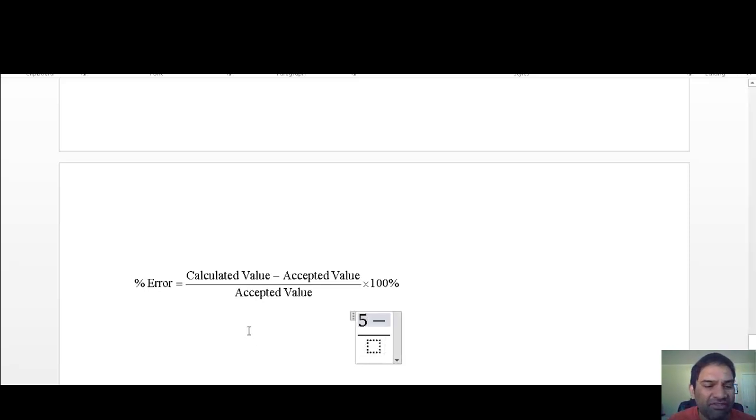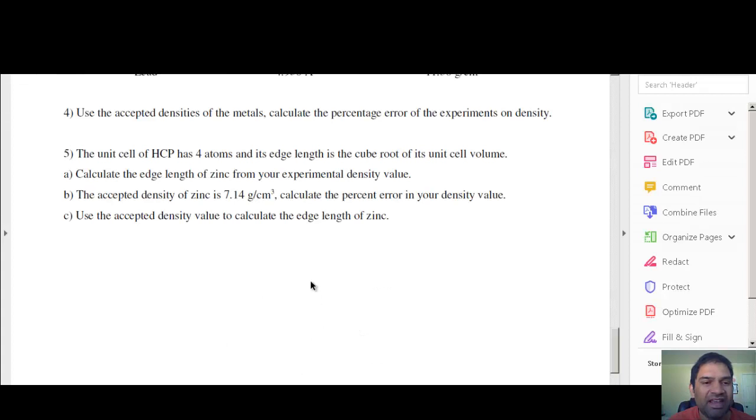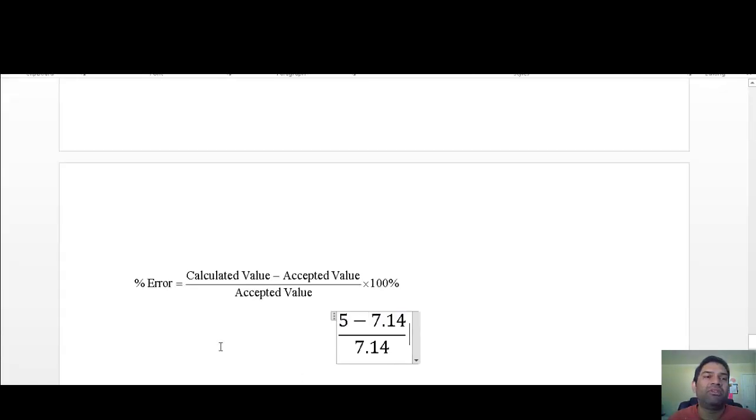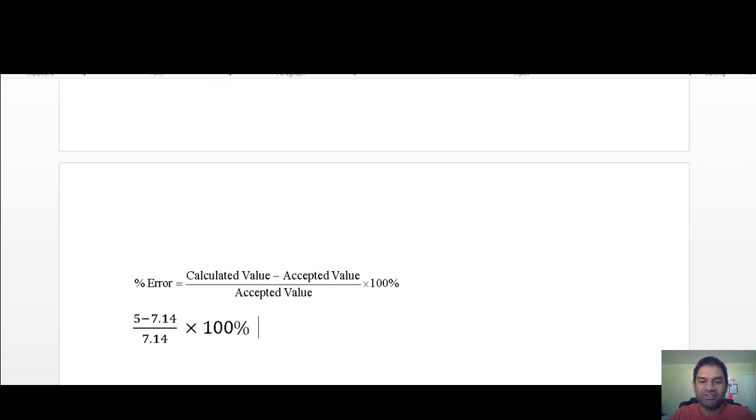The accepted value for zinc that they should tell us is 7.14 grams per centimeter cubed. We're going to multiply that by 100% to get us into a percentage range. And doing that on my calculator, I am getting an answer of 29.97%. Really doesn't matter. So that was our percent error in density for zinc.